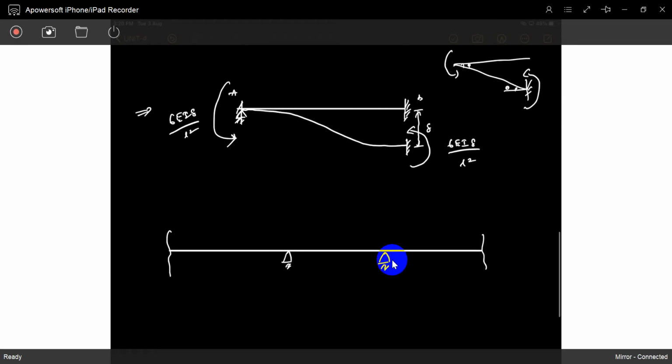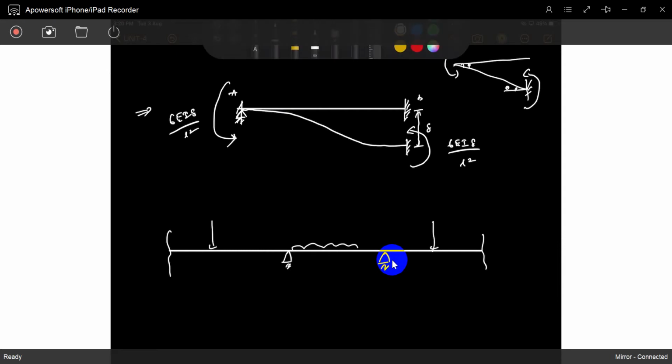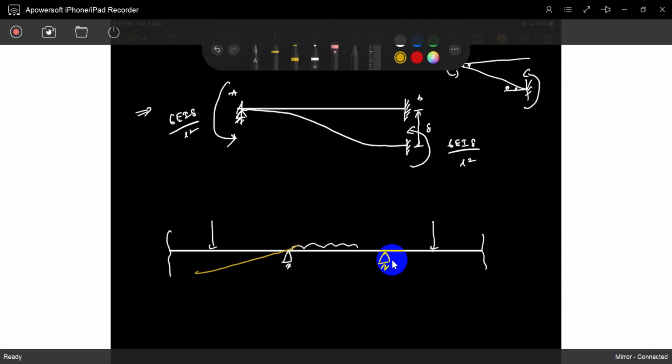If some load is applied, anything, I don't know, how will it deflect? Based on that load, it will deflect somewhere like this. Maybe anything, we don't know exactly.